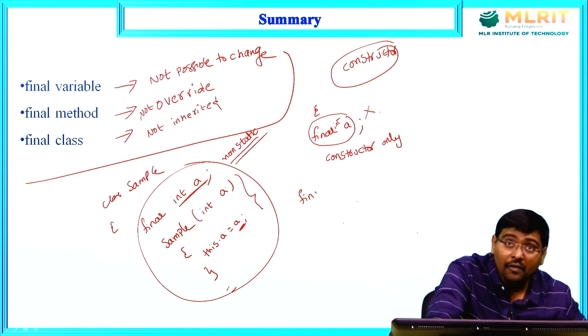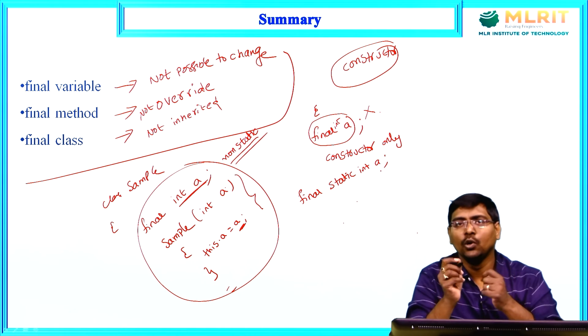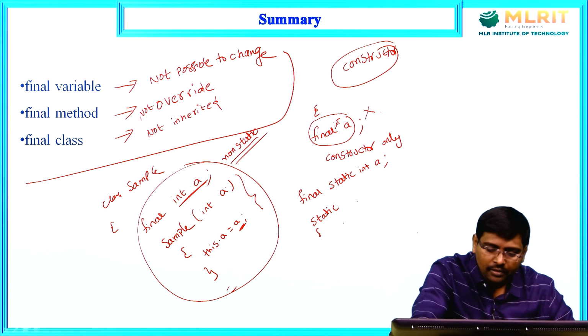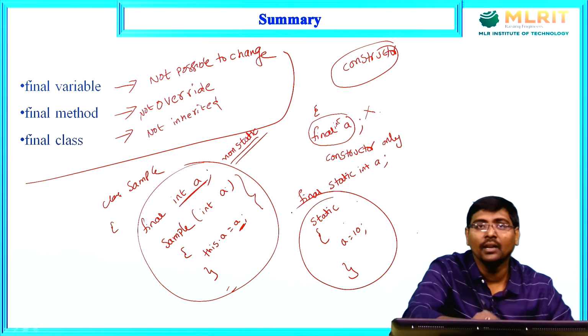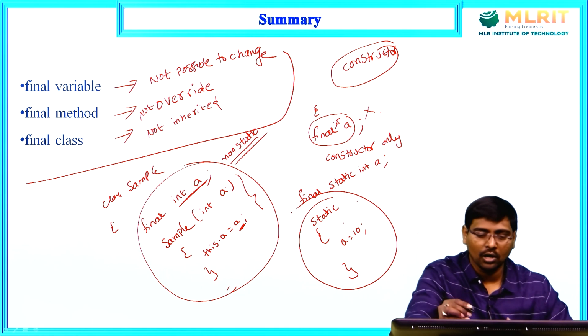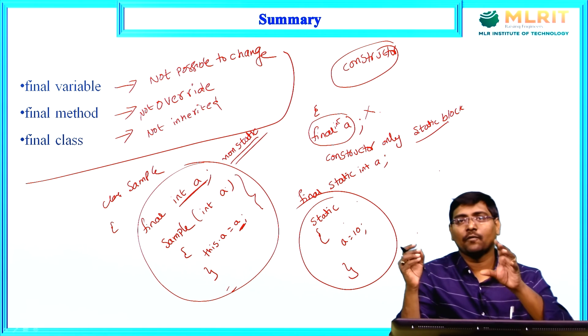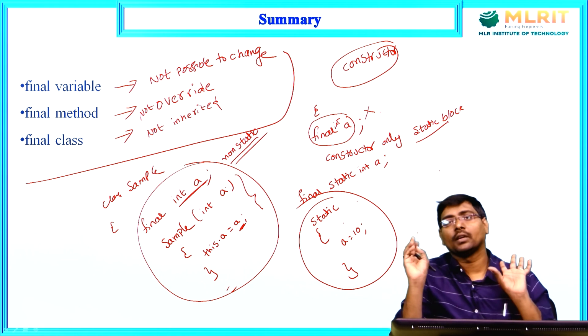If the variable is a static variable, then how do we do initialization? By using a static block. Why? Because in your program the first executable block is the static block.